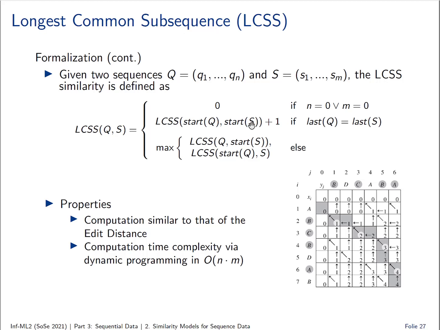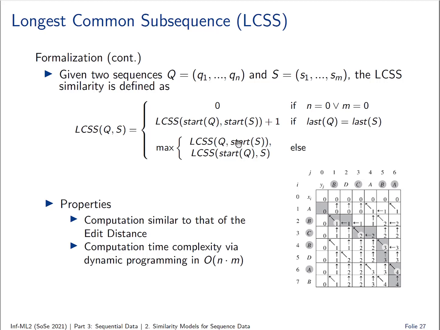And if the two last elements are different, then we keep the last one of S and compare it to the remaining Q's. That is the second part. Or we take the last element of Q and compare that with the next one from S, and that is the first one here.